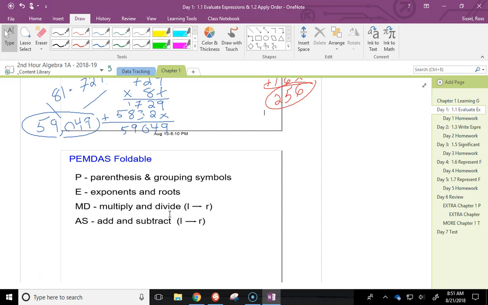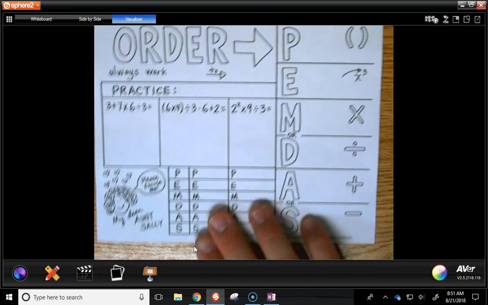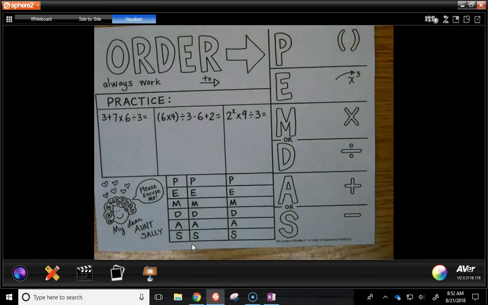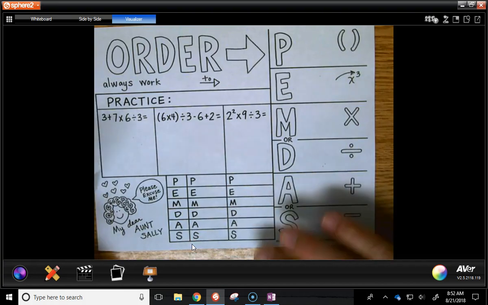Okay, let's look at our PEMDAS. Order of operations. Have them back together so we can continue getting our work done. Okay, if we're looking at this, it's very easy. I'm not going to spend a lot of time on this, but it says order.